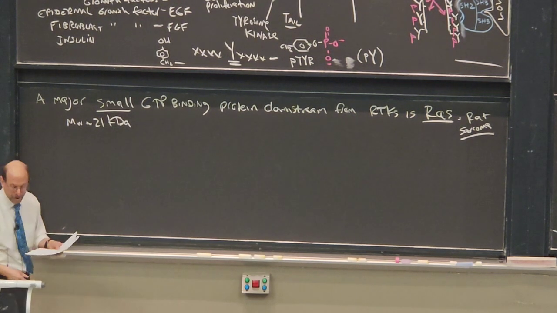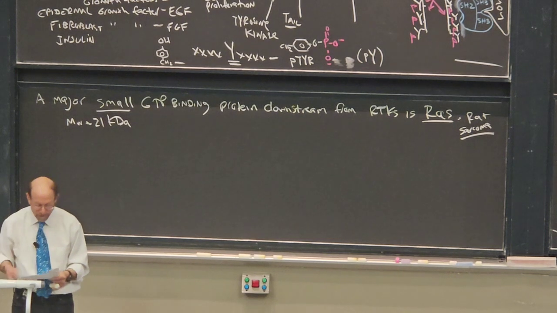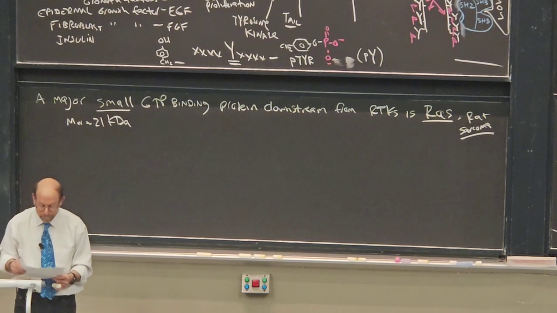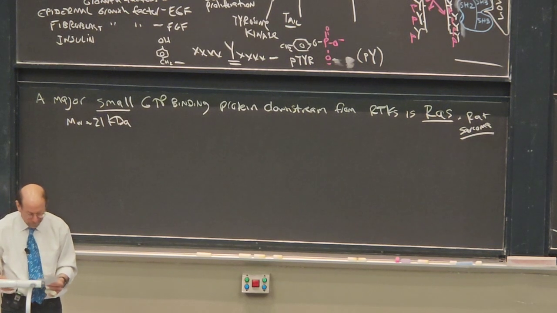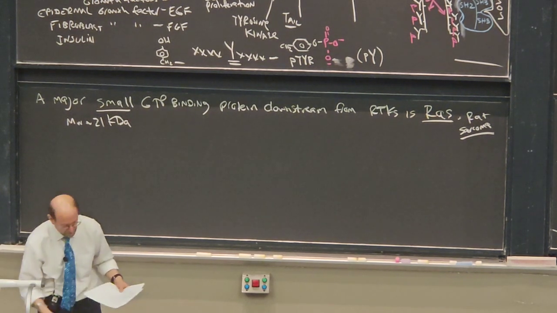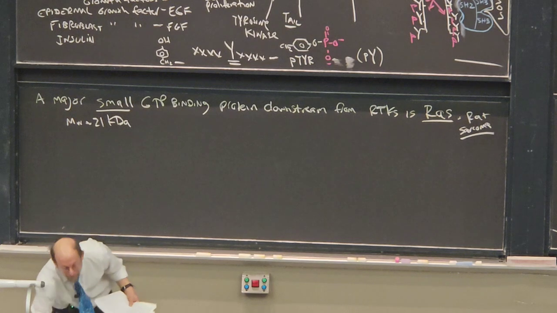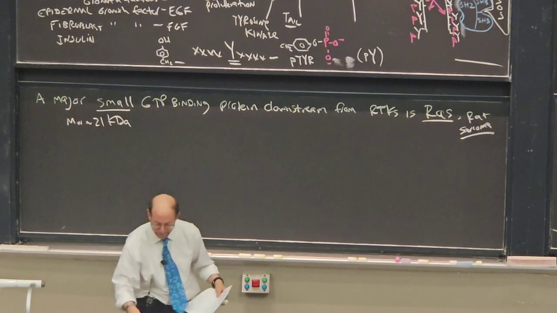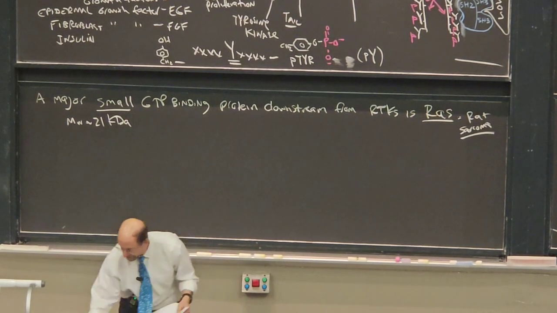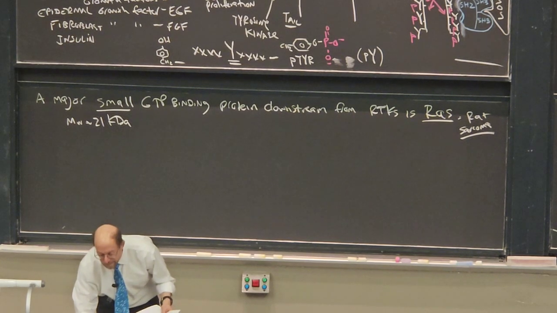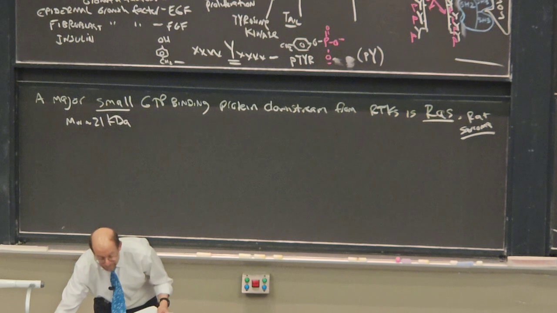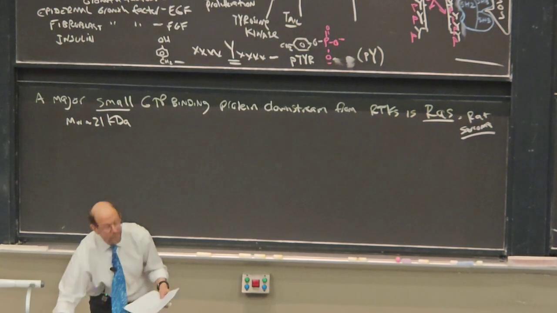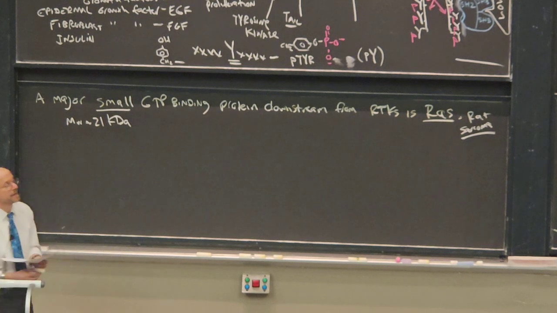And in fact, if you look at what RAS looks like, I'll show you a picture of it. You have it in the handout. This is what RAS looks like.